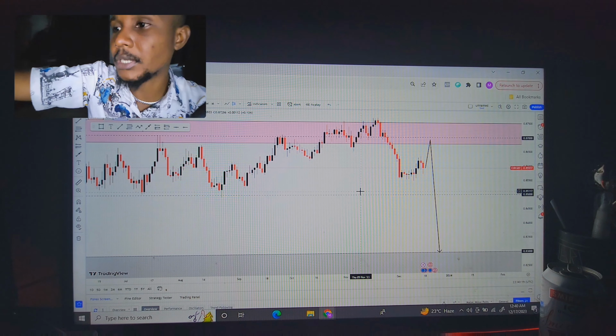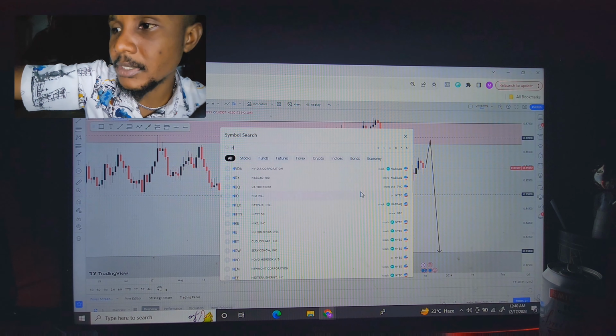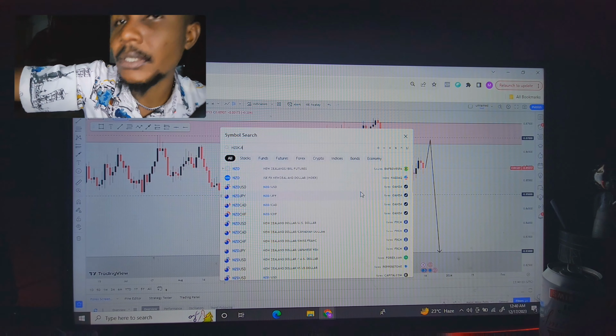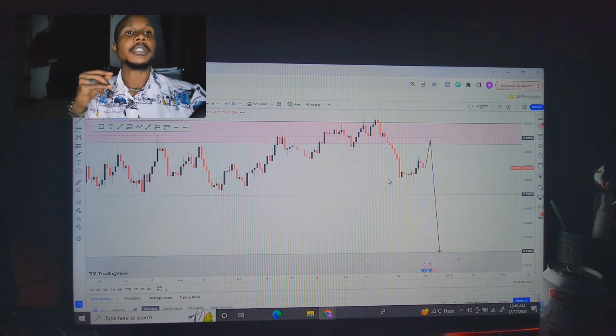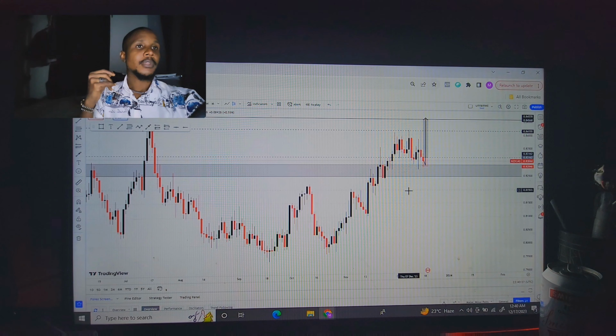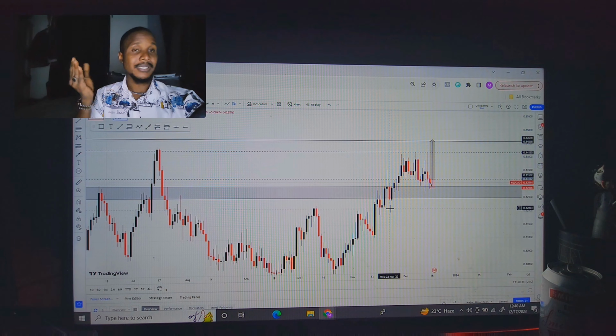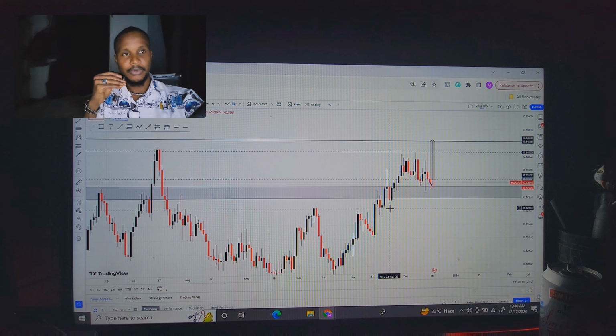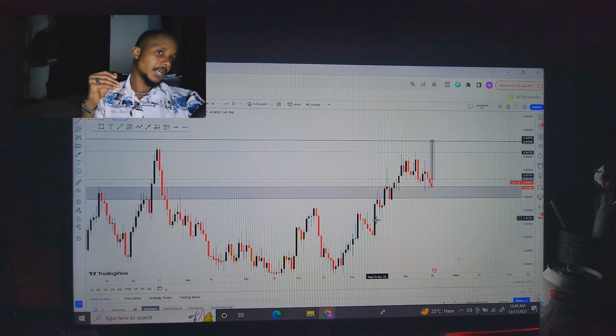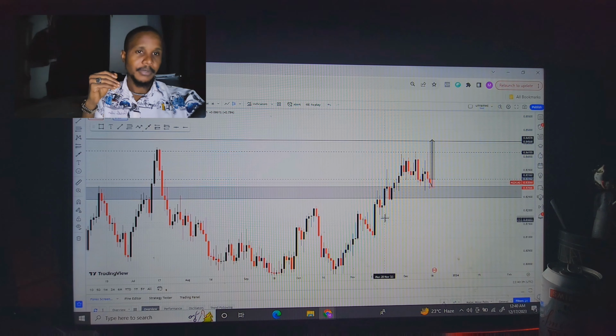Just very simple. Then the last pair is NZD/CAD, and that will be the last pair we'll be looking at today. So NZD/CAD is very simple. This one itself has set itself up already for a buy, right? So you can see how price impulsively broke past this resistance level here.